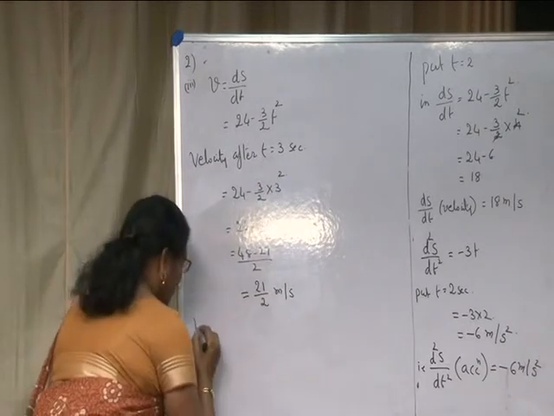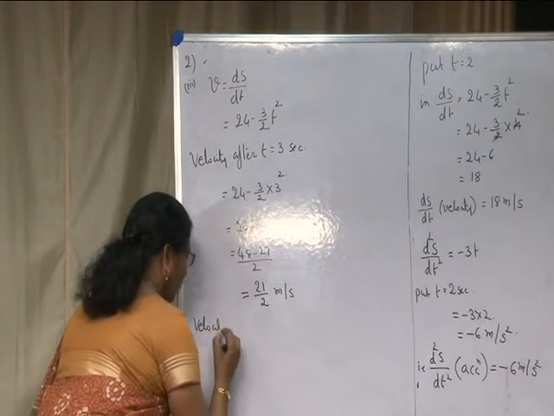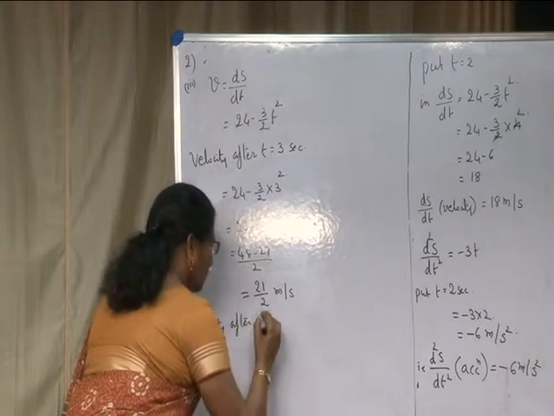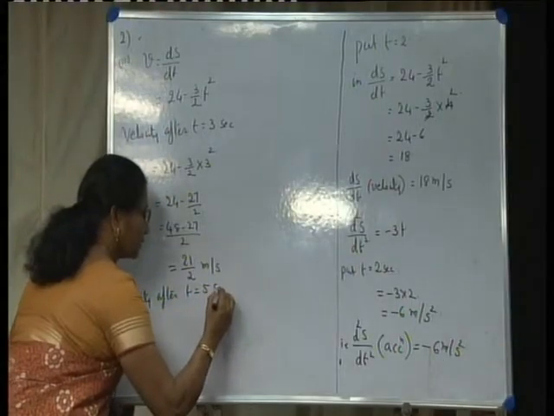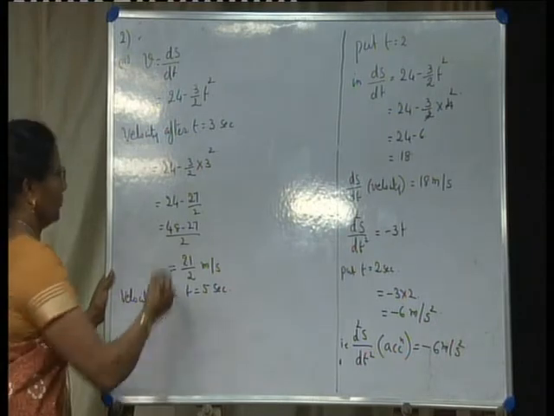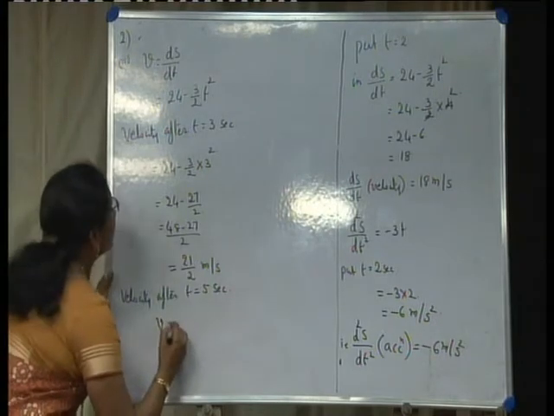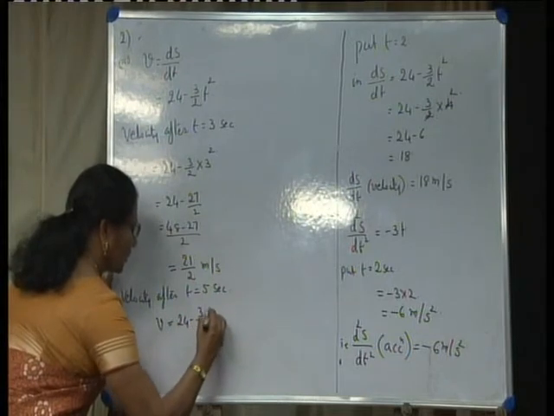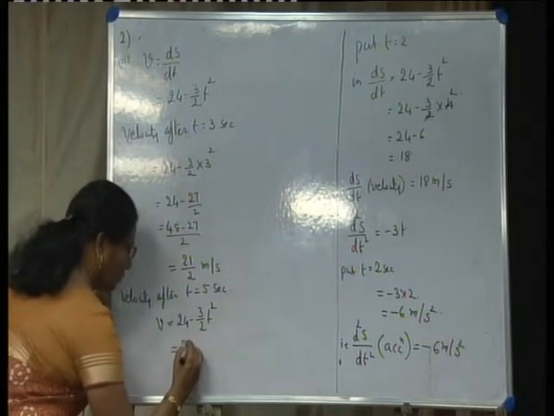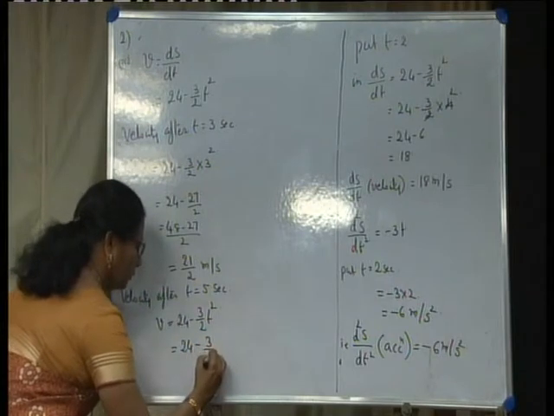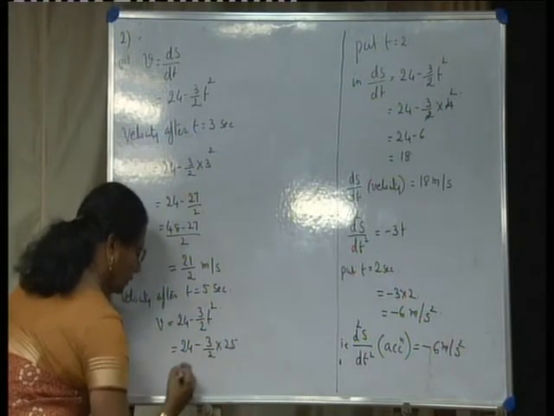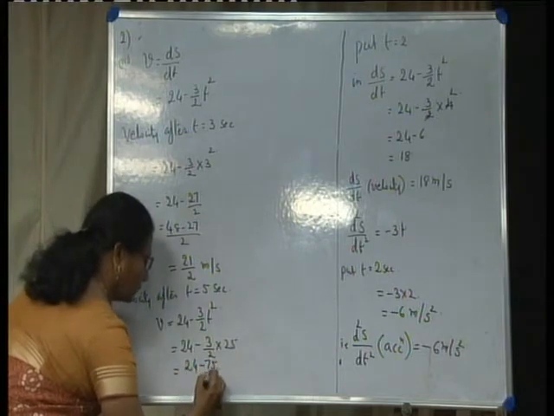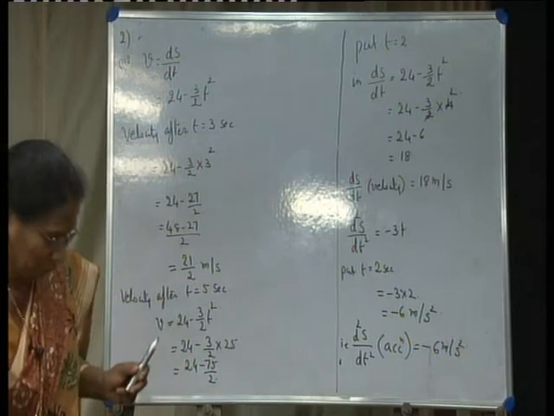So, velocity after t is equal to 5 seconds. So, v is equal to again 24 minus 3 by 2 t square. 24 minus 3 by 2 into 25. This is 24 minus 75 by 2.